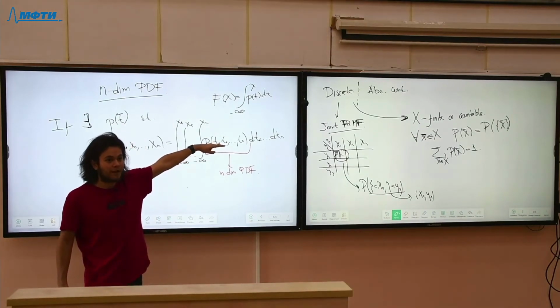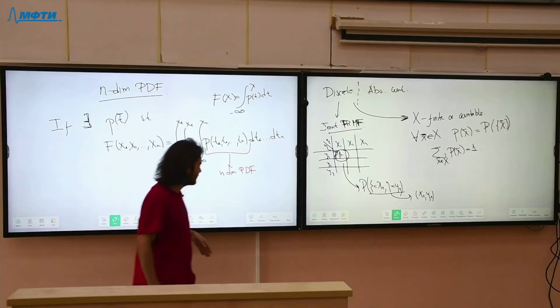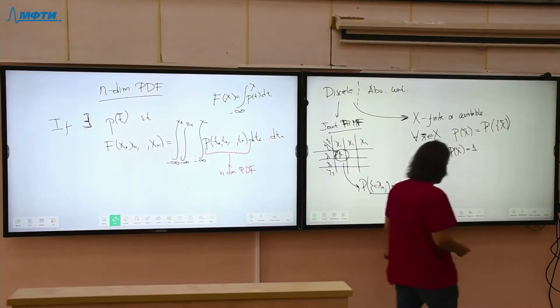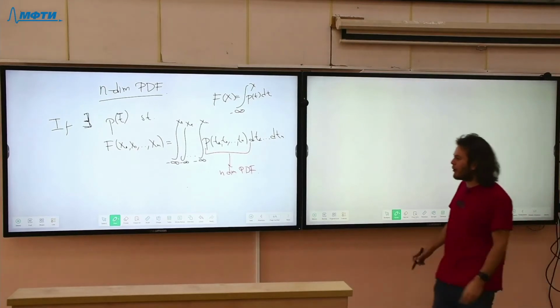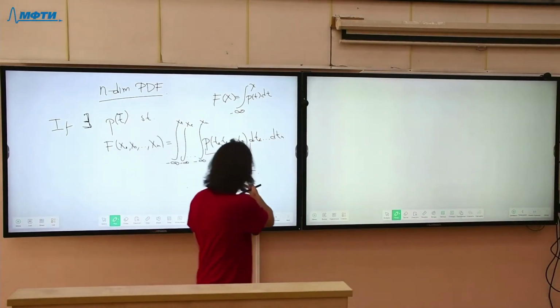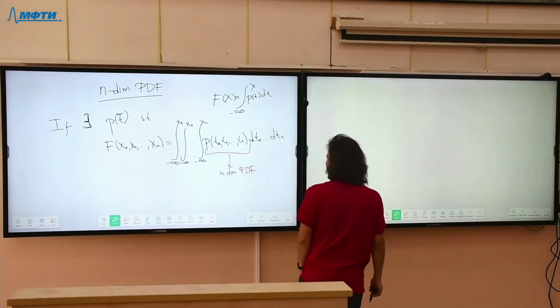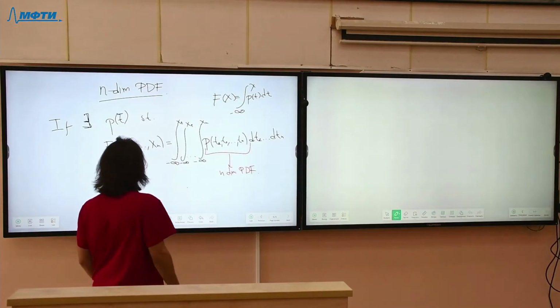All you should know is how to find this integral, but you already know this, so there's no problem. I hope you remember how to find these kinds of integrals, because we will do that a lot. Okay, now let's talk about the properties.